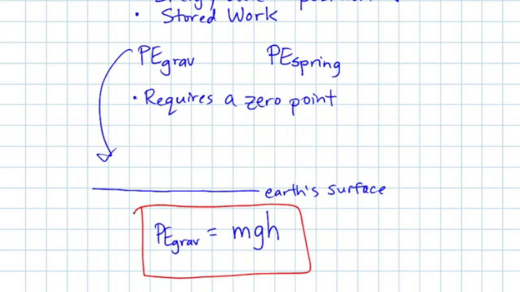Now, if you want, you can be fancy and you can say that really potential energy due to gravity is a change. So it's final minus initial, like when we always write change. And you could write that as mg times h final minus mg times h initial.